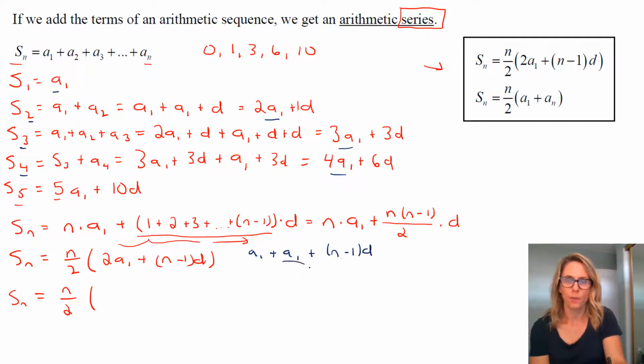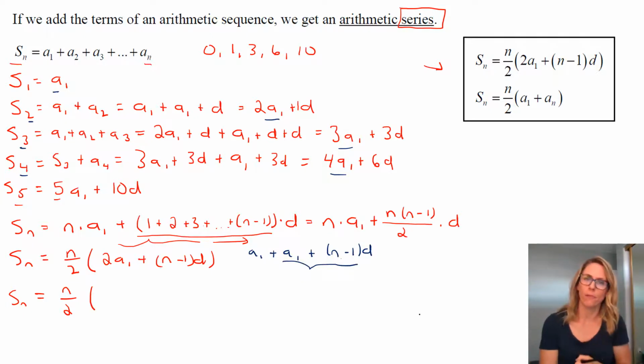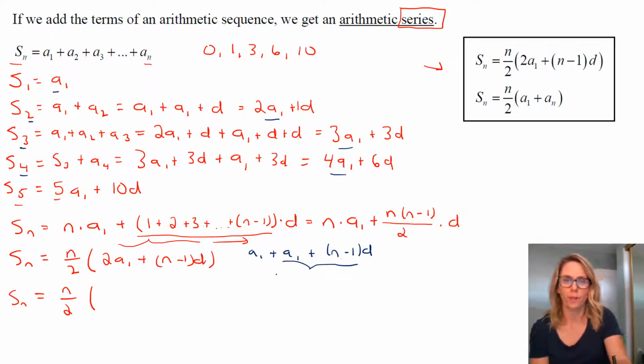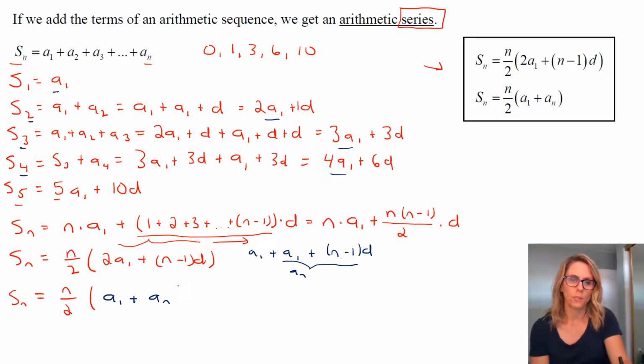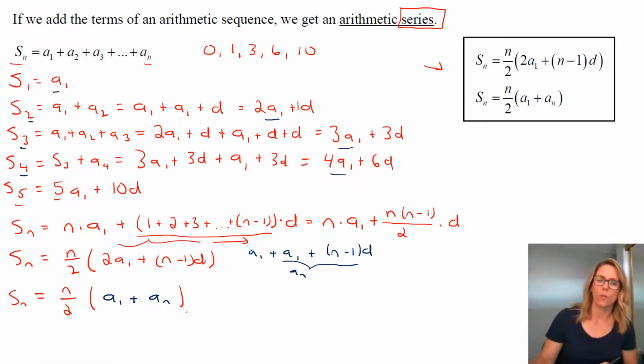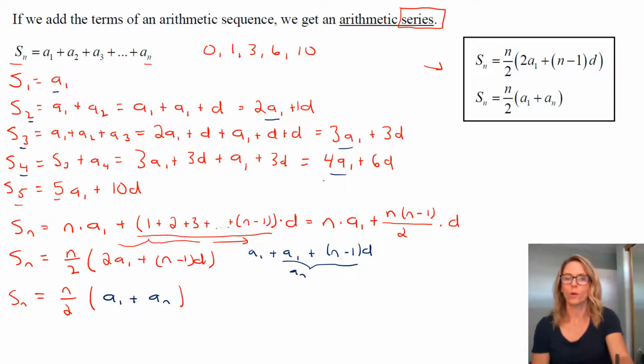You want to remember, though, that this is what we found from the last page. It's just a sub n. And so that's why we also can write this as a sub 1 plus a sub n. So that's just another way to write it. So depending on what you're being given, and we'll see that in the next couple of examples, you may find that using one or the other of these formulas is more helpful.